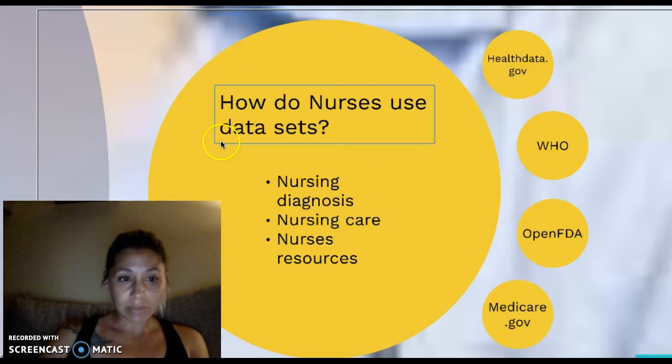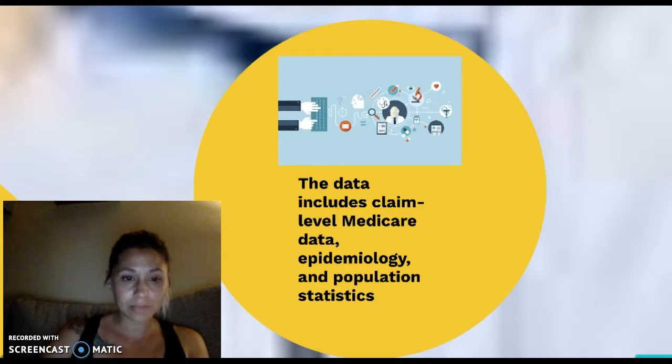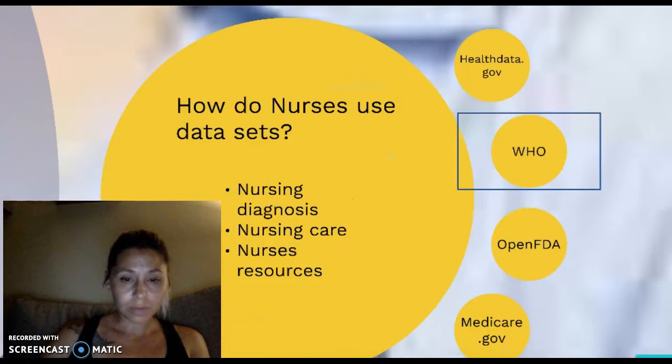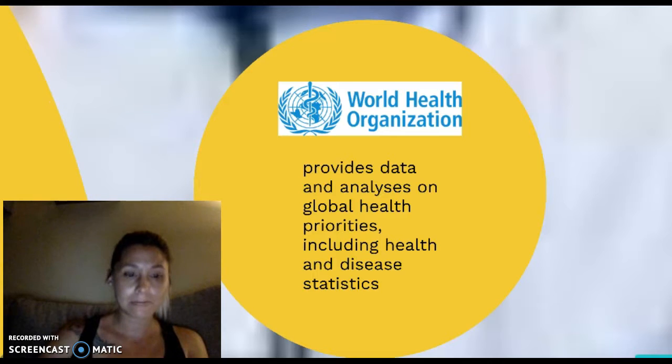So a few examples of the data sets would include healthdata.gov, which includes data that has to do with claim level Medicare data, epidemiology, and population statistics. A second example would be the WHO, the World Health Organization, which provides data and analyses on global health priorities, including health and disease statistics.